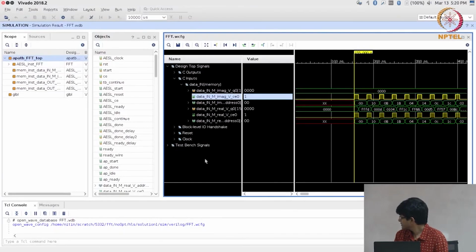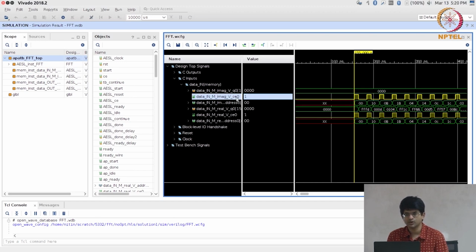So this highlighted line over here essentially corresponds to the data in chip enable. There are separate signals for imaginary and real. That's because the complex value is basically treated as two memory ports. In principle, I could read separate real and imaginary values corresponding to different addresses. Very unlikely that I would ever do anything of that sort.